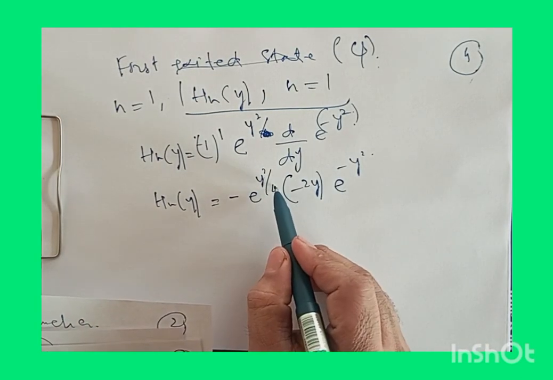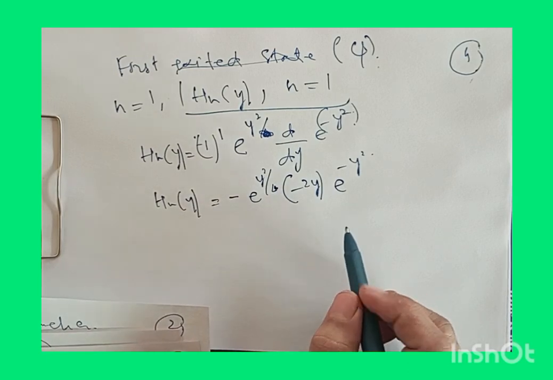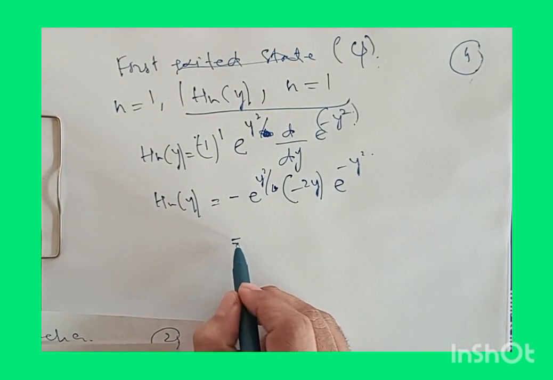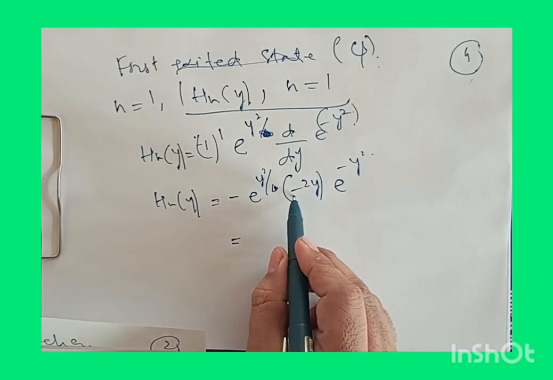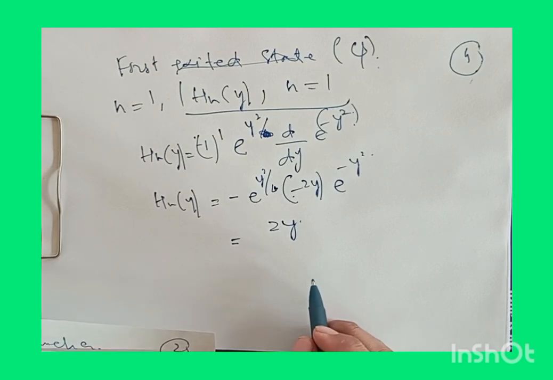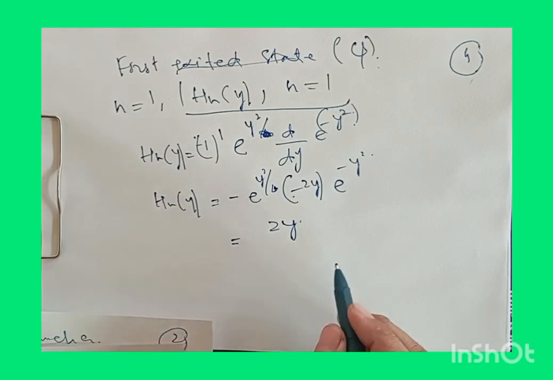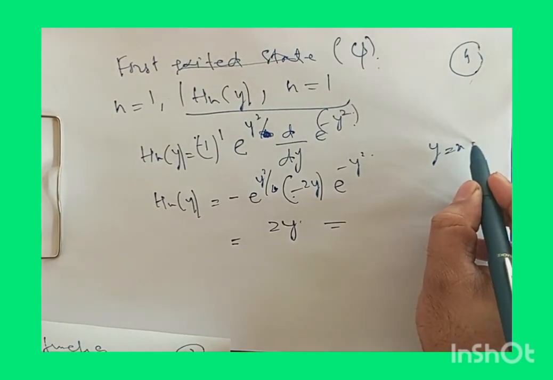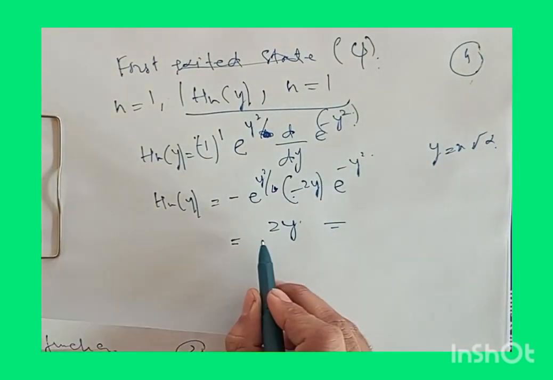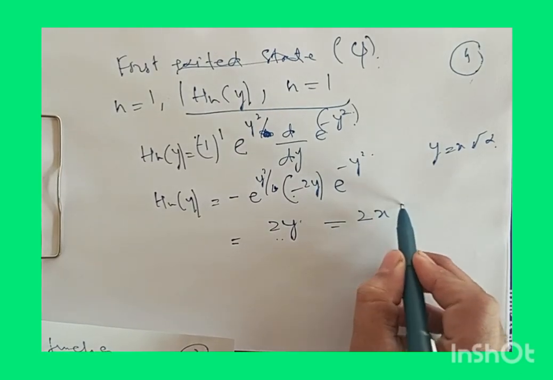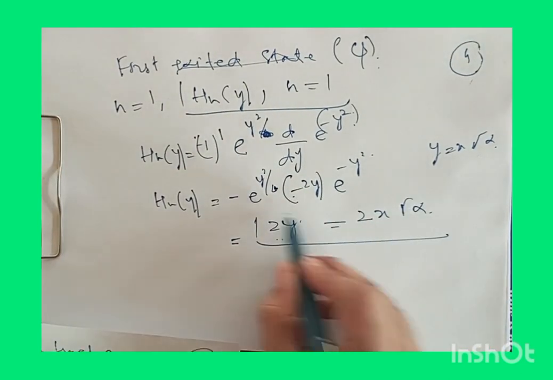So with this, what we are in a position to get is that minus times minus will give me a plus, and you are going to have 2y from here. For y I have what? y is x times the square root of alpha. So this 2y will be 2x times the square root of alpha.